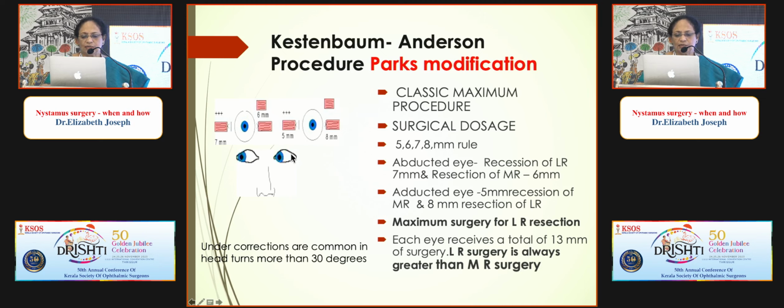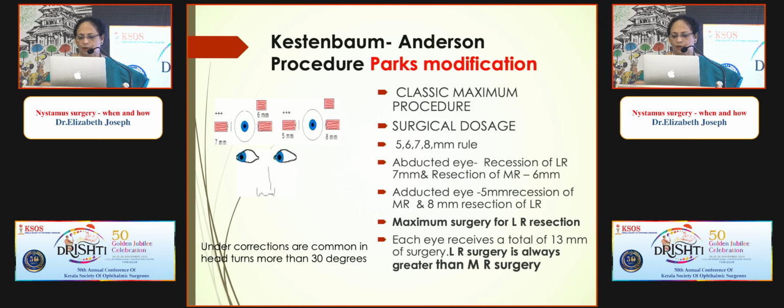Now, how to decide which eye has to go for larger recession and resection? It's easier to remember this way, that each eye will receive an equal amount of surgery, like 13 millimeters in each eye when the medial rectus surgery and lateral rectus surgery is totaled.